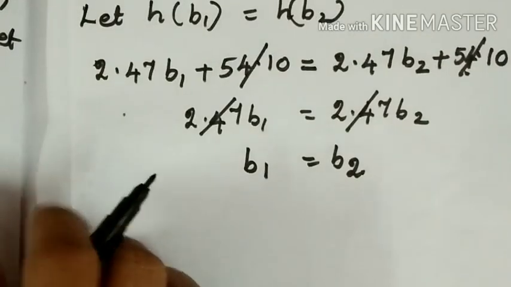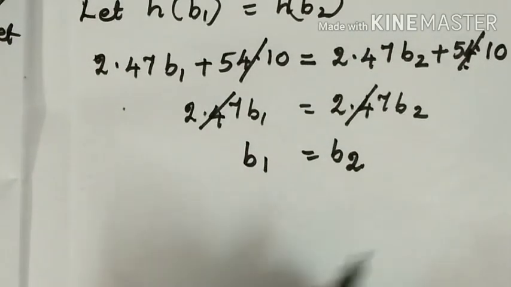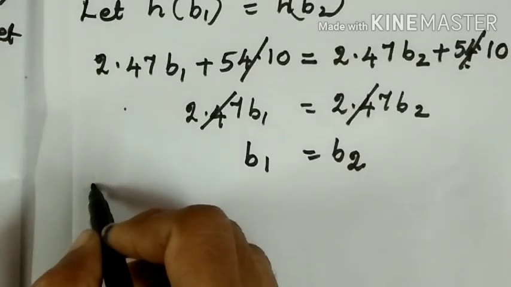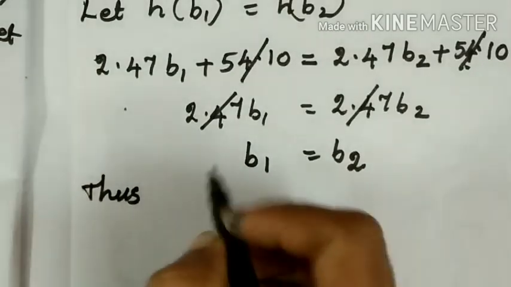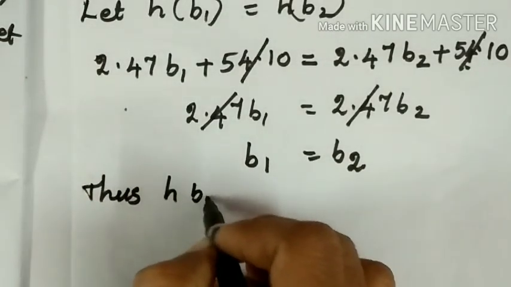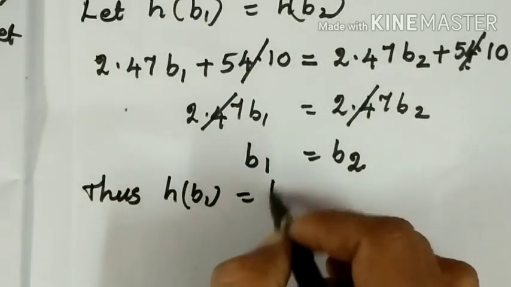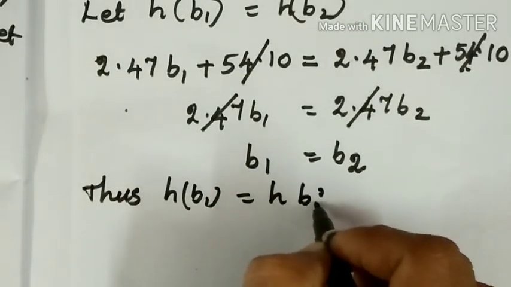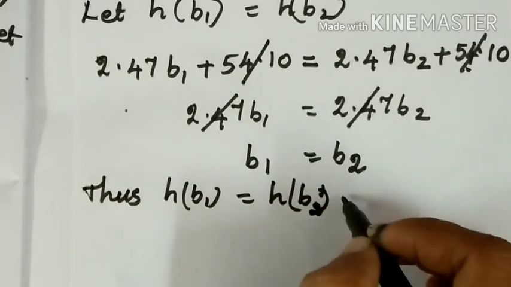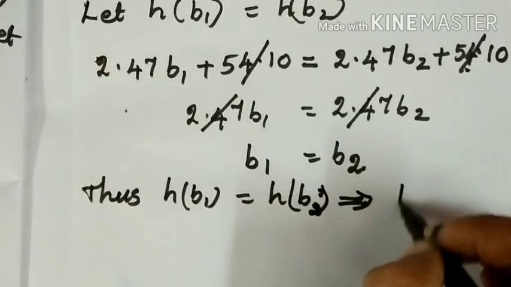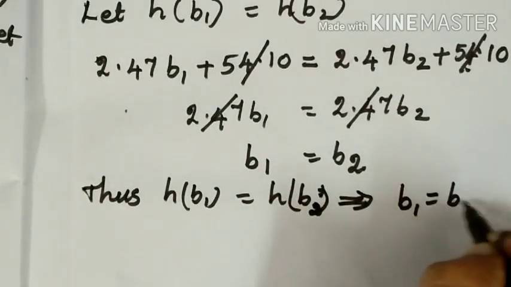Therefore, h is 1-1 function. Thus, h of b1 equal to h of b2 implies b1 equal to b2.